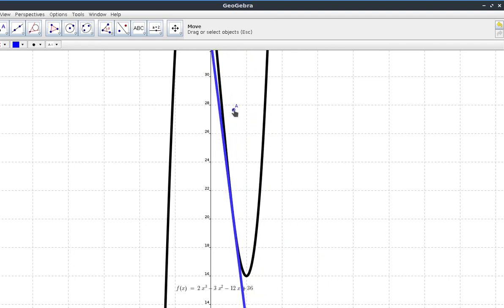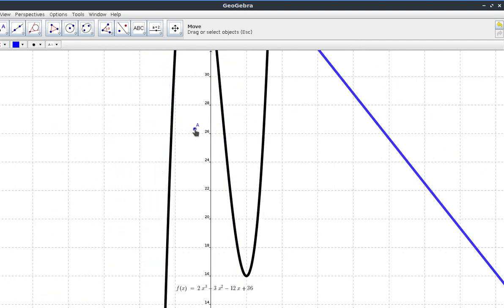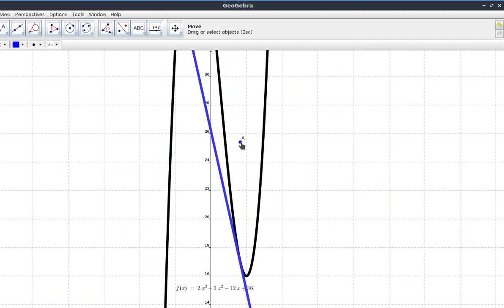Negative gradient, so it's less negative after it passes the point of inflection. It doesn't turn. But at the maximum point, it turns from positive to negative. At the minimum point, it turns from negative to positive. So those are turning points. Those are two critical points that we have here.